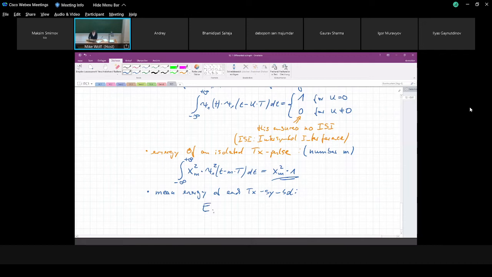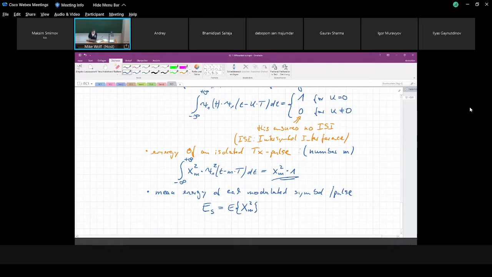This is the mean energy per Tx symbol, of each modulated symbol or pulse. How large is it? We just have to take a look at the expected value of x_m squared. This is now the mean energy per symbol.